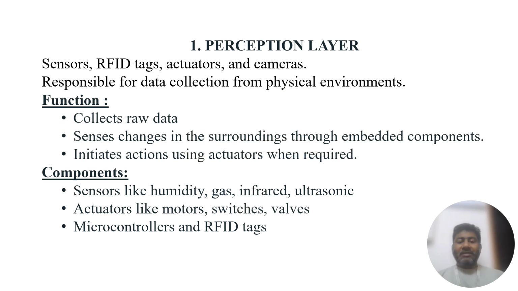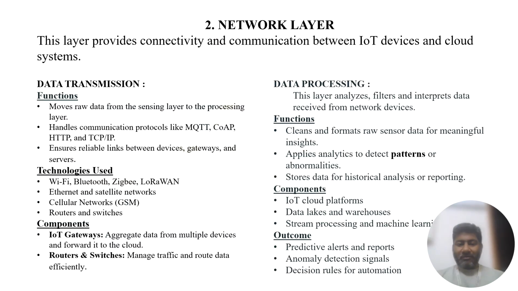Next is the network layer. So what is the network layer? Basically, this network layer is responsible for transmitting all the data collected from the perception layer to another device or to a cloud storage.